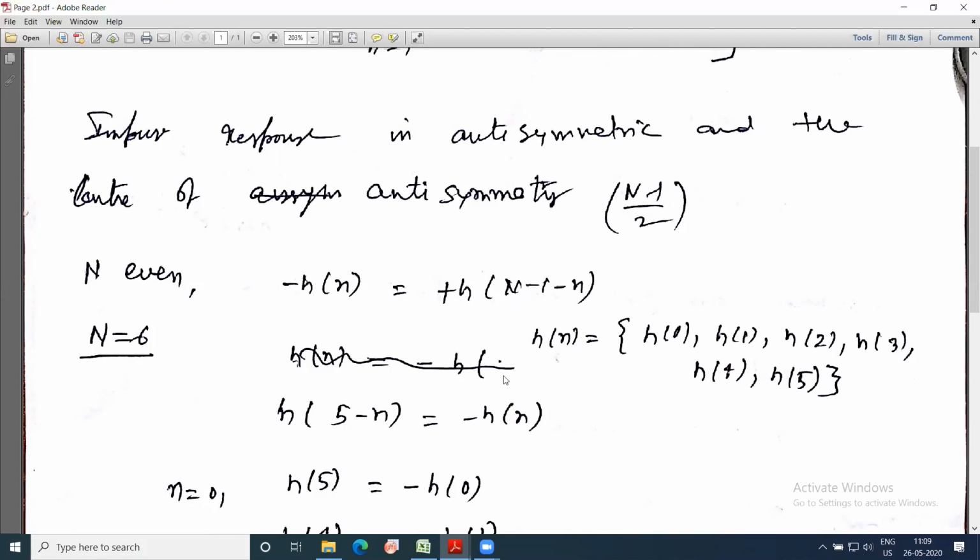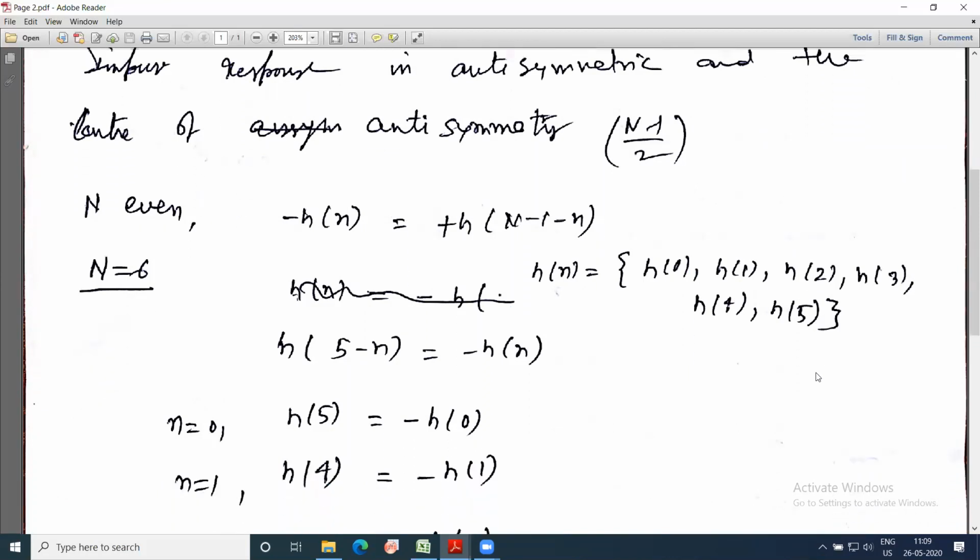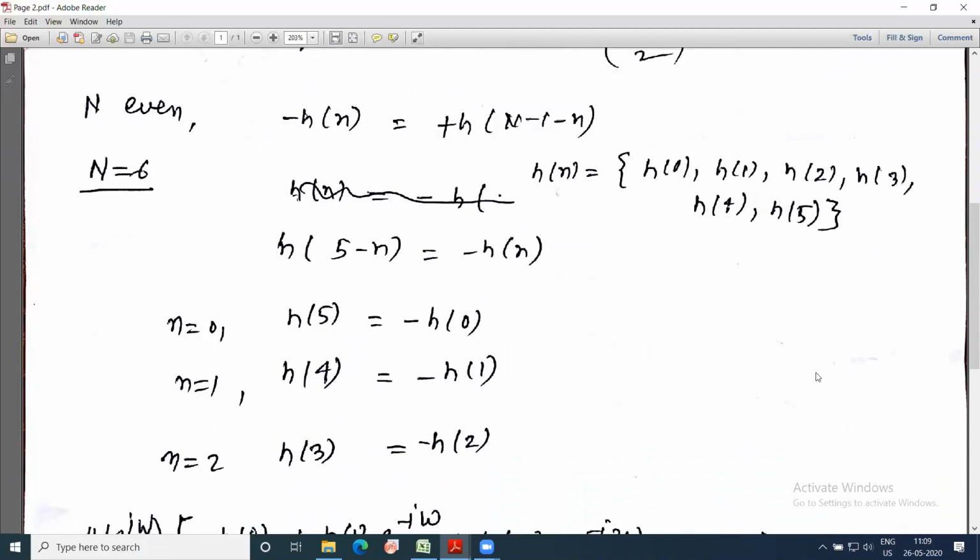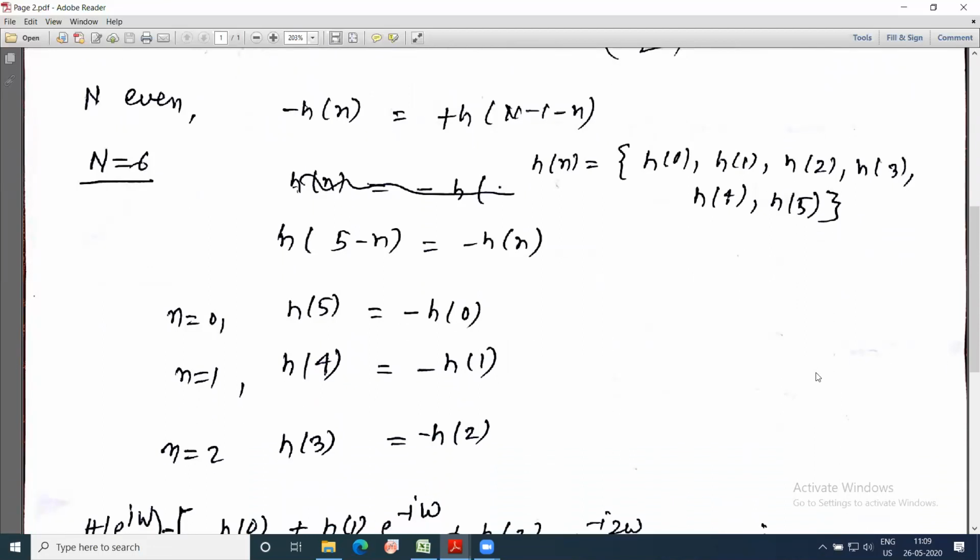Now if n equal to 6, we will be having 6 values, h0, h1, h2, h3, h4, h5. Now h of n minus 1 minus n equal to minus h of n.